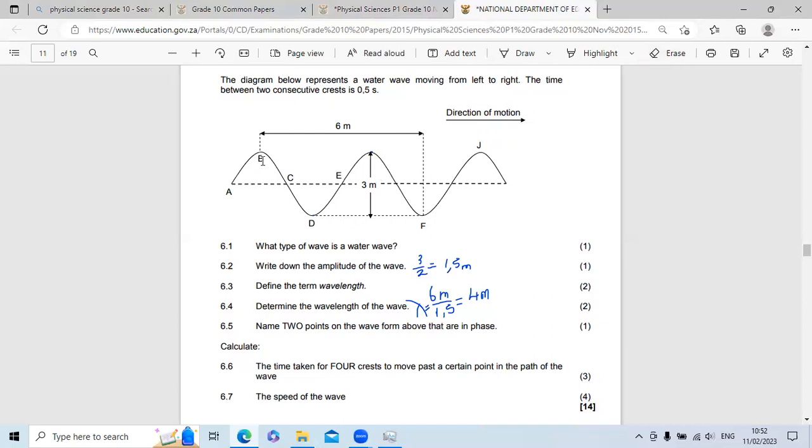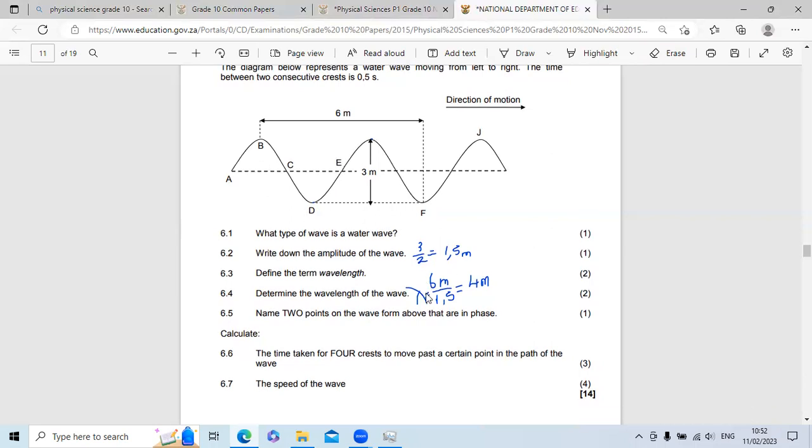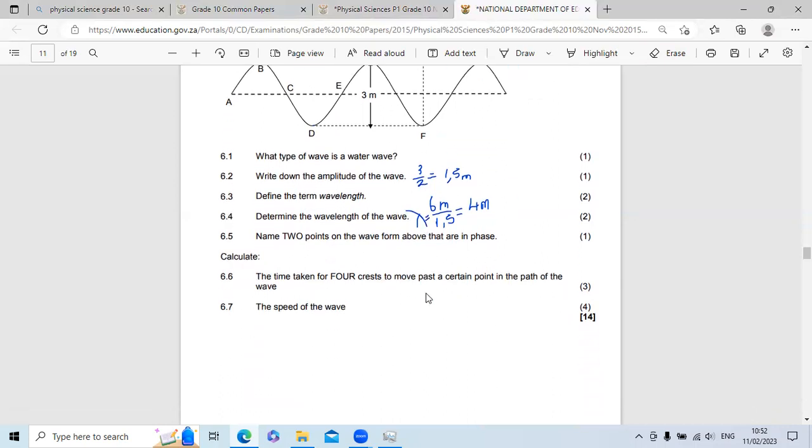Is it A and E? A and E. Yes, that's correct. And also, you could also say D and F. But let's move on.